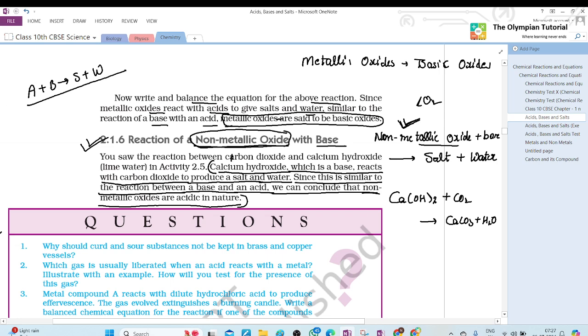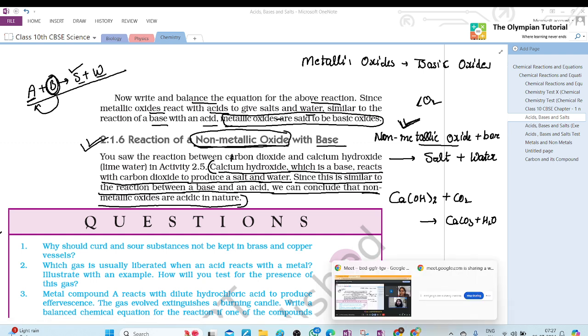That's why if any substance reacts with base and gives salt, the nature of that substance will be acidic. If any substance on reacting with acid gives salt and water, the nature of that substance will be basic.